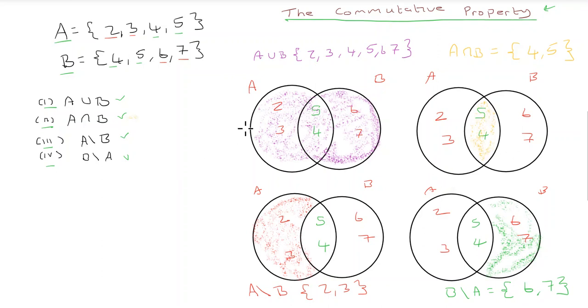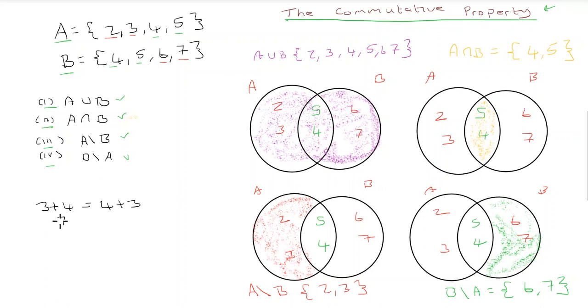So we want to get to this idea of what's known as commutative. So if we think in maths, for example, we've come across this already, 3 plus 4 is equal to 4 plus 3. So it doesn't matter which way you add. So 3 and 4 is going to be equal to 4 and 3.